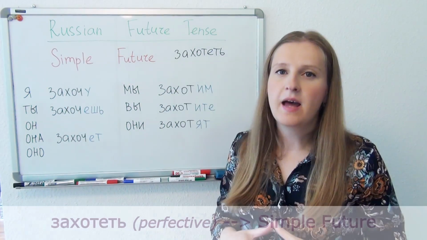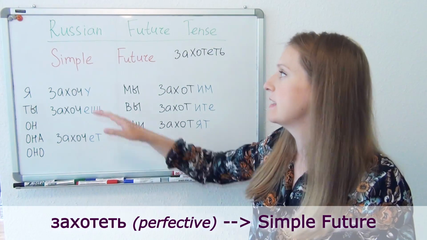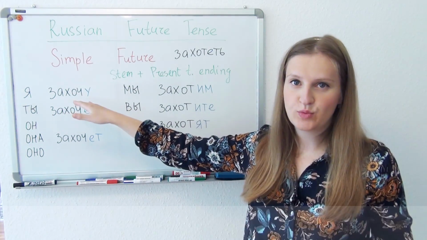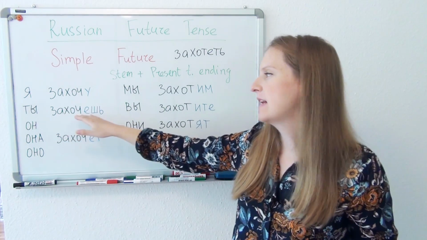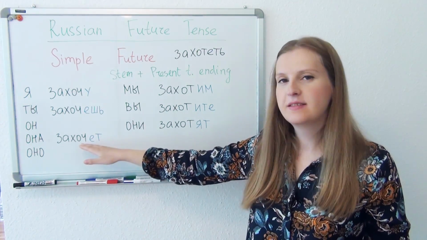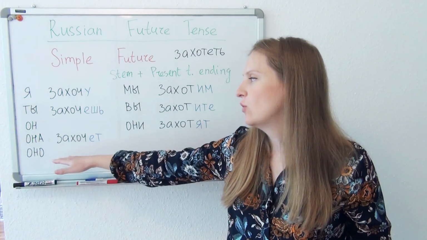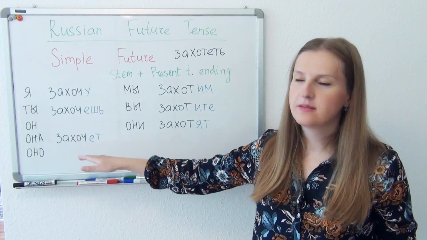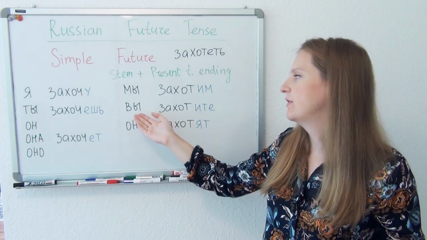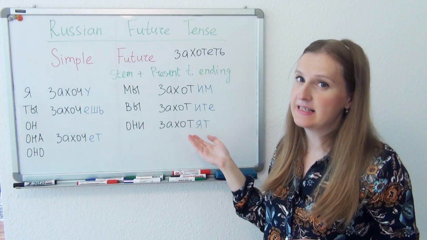Very simple. Now, the verb захотеть is perfective, and that's why we use the simple future form. Я захочу, ты захочешь, он захочет, она захочет, оно захочет, мы захотим, вы захотите, они захотят.